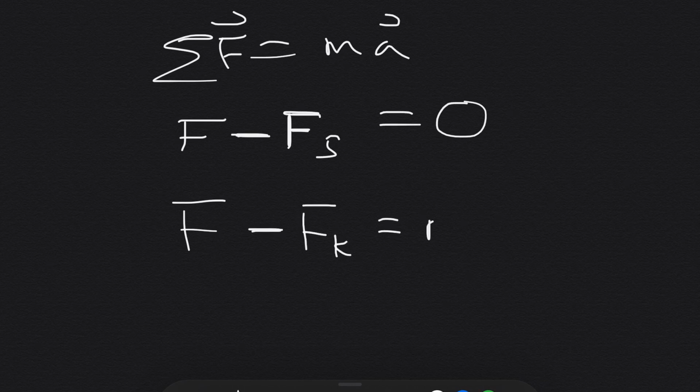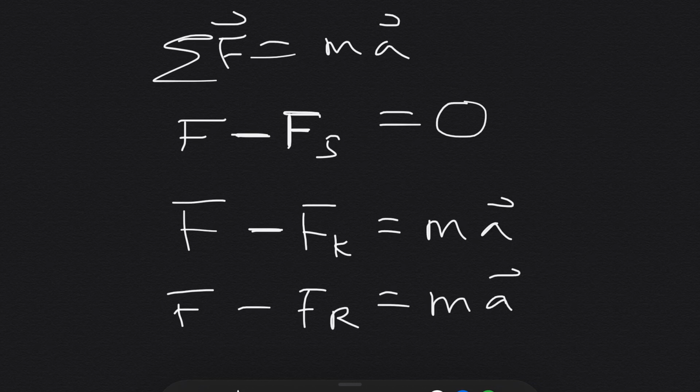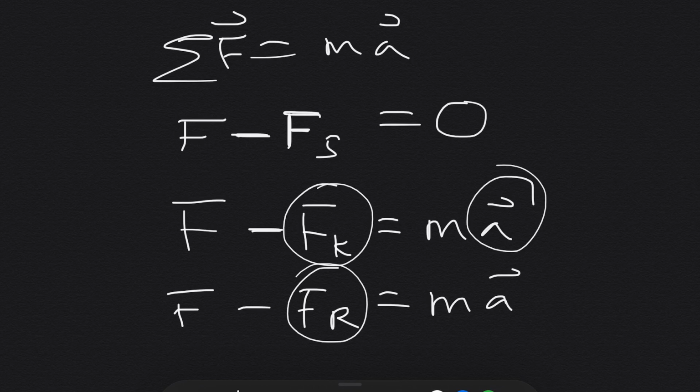If it is moving, then you have F minus Fk is equal to ma, because it's not 0 now, but it's actually moving. There might be some acceleration involved. And if it's rolling, then you might do F minus Fr is equal to ma. And then you would substitute Fk, Fr with the mu N values, and you can solve for how much the acceleration is, or whatever you're trying to do in the problem.